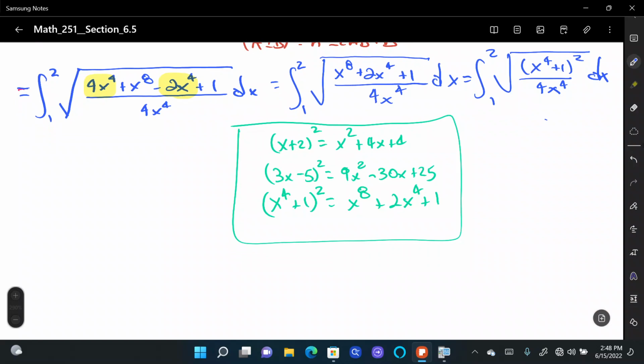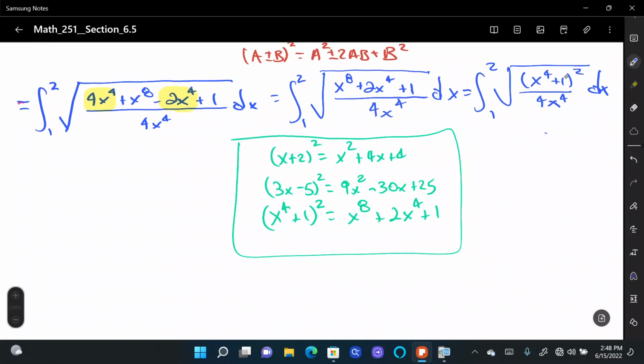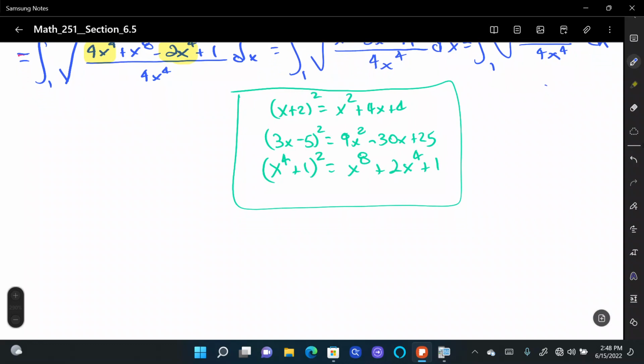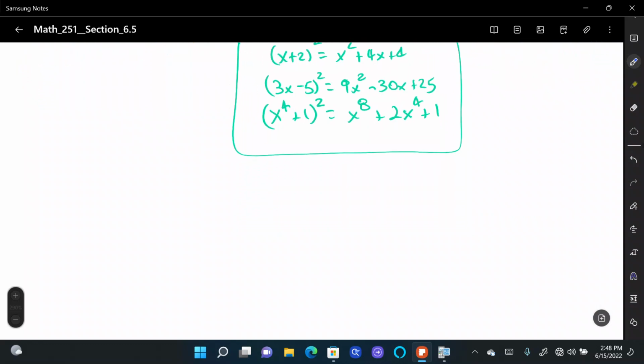All right. So, well, the good thing is, guess what? Everything inside of the radical are perfect squares, aren't they? So in the numerator, let me split it just so it's easier to see. So this is the integral from 1 to 2, the square root of x to the fourth plus 1 squared, and the square root of 4x to the fourth with respect to x.